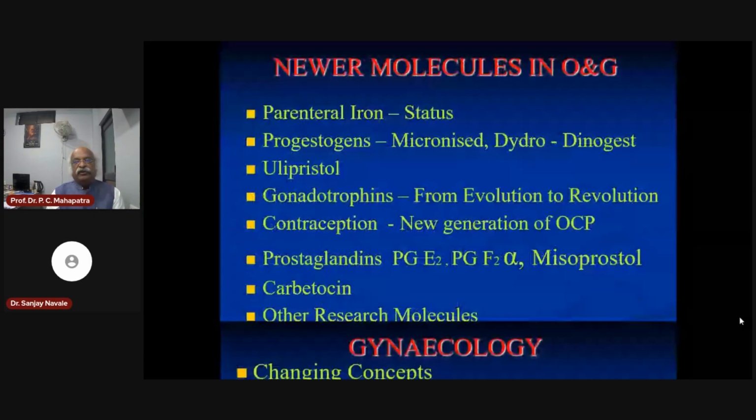And therefore, atosiban I have already told, I need not repeat here. But it is a very good molecule which has really helped in cases of threatened preterm labor. I think the ultra short is a very important thing. In cases where it is established preterm labor, it can delay the pregnancy for a variable period, days to months, for transfer of the patient to a higher center with NICU facilities, or for the corticosteroids which influence the maturity of the fetal lungs.